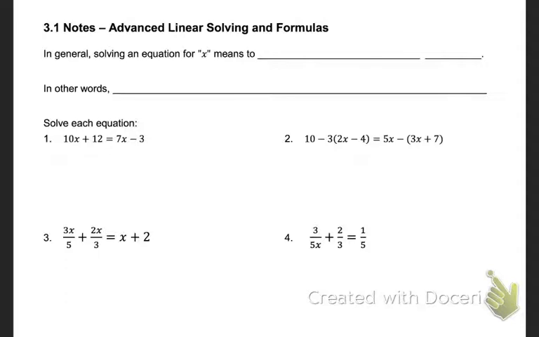Whether that means you need to print out another blank piece of this homework page and do it over and over, that's what I would suggest doing, because practice makes perfect with these kinds of problems.